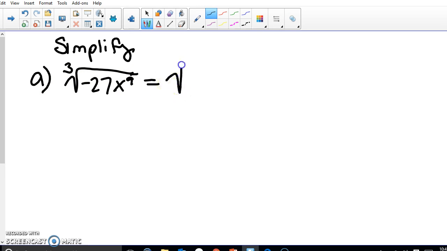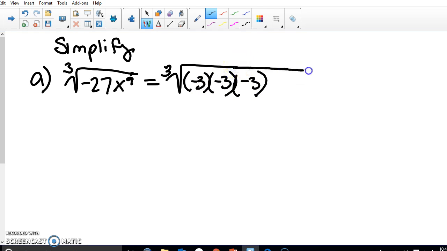So rewriting this, negative 27 is the same as negative 3 times negative 3 times negative 3. And x to the 9th, I can rewrite that as x cubed times x cubed times x cubed.